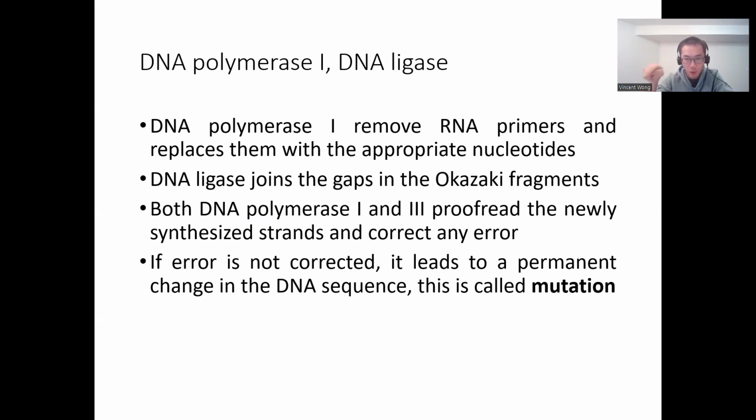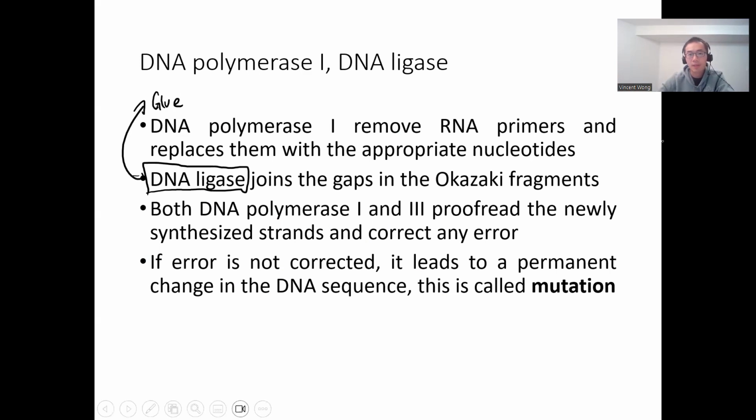But whenever there is the U, the uracil, it has to replace it with thymine because it's DNA we're building, right? And then there is one last enzyme here called the ligase, DNA ligase. The DNA ligase is basically, you can think of it as like glue. Okay, it joins the Okazaki fragments together.